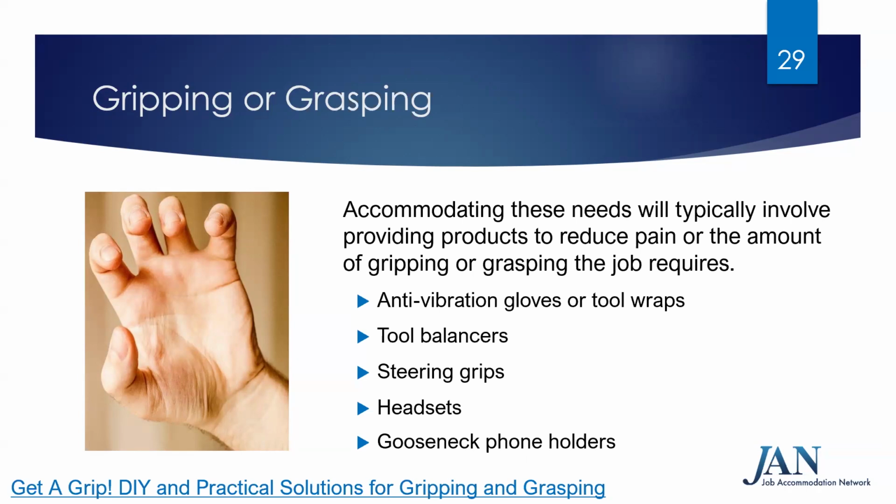For example, steering wheel grips and anti-vibration gloves can make it much easier to grasp the steering wheel on a riding lawnmower. The vibrations from this type of equipment can really cause hand and wrist pain to flare up fast. Tool balancers can help a worker hold on to a power tool, making it much easier for them to use them. Items like gooseneck phone holders and headsets eliminate the need to grasp a phone receiver. There is a reason why headsets have become so popular after all.